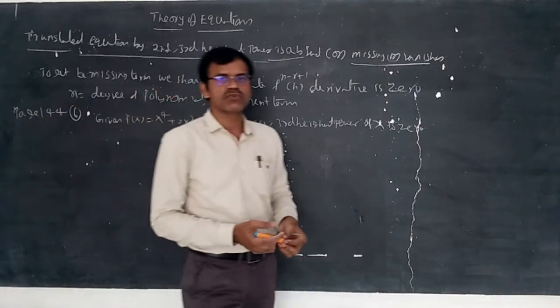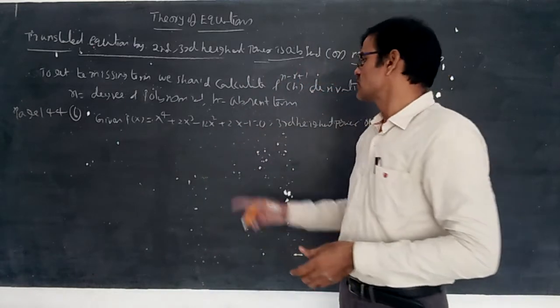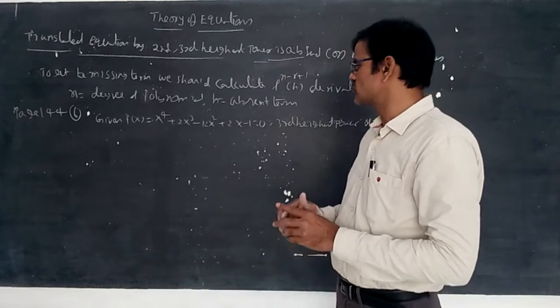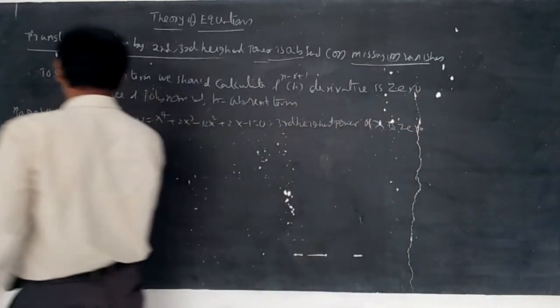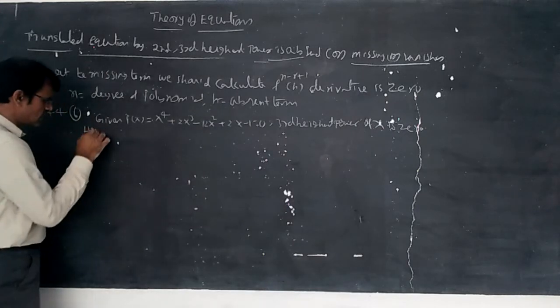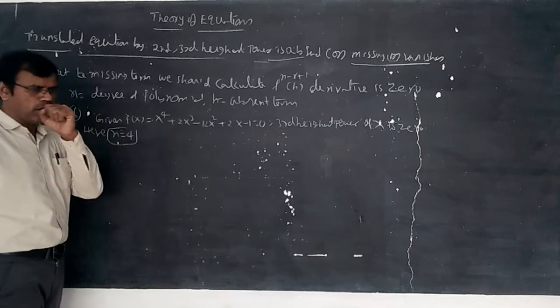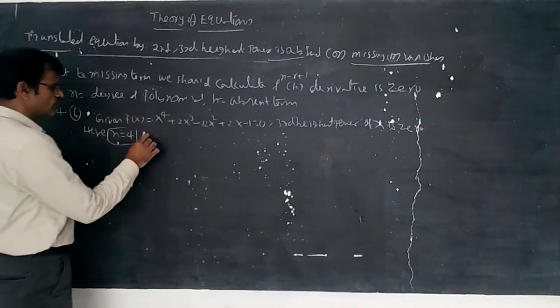In the transformed equation we are going to calculate, the x square term should be absent. Here n means the degree of polynomial, the highest power of the variable. So n is equal to 4.